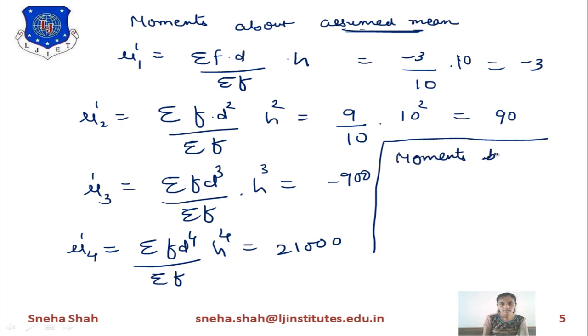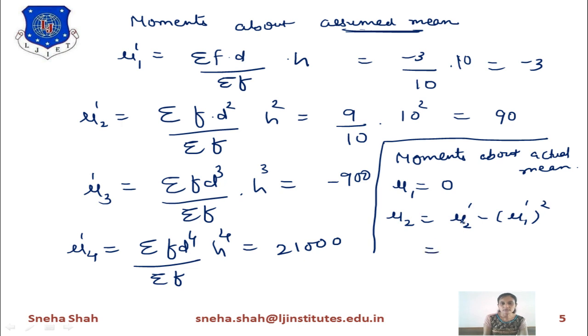Now we have to find the moments about the actual mean. Since it is considered the actual mean, the difference will be 0. So the first moment mu1 equals 0. Now the value of mu2 equals mu2 dash minus mu1 dash square.